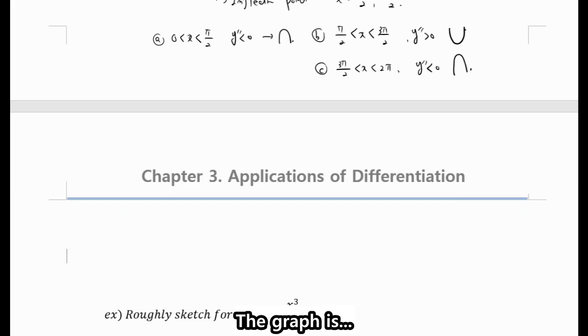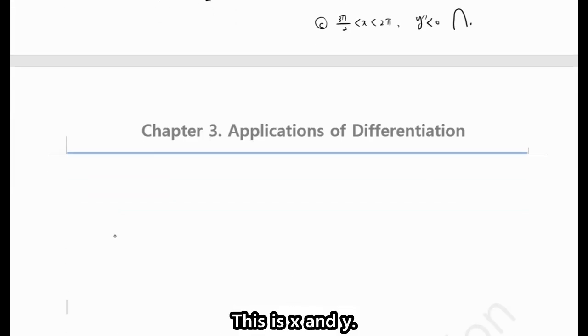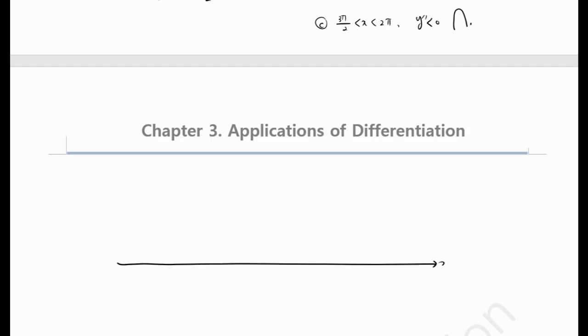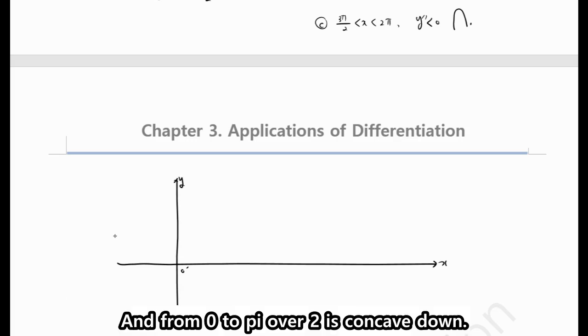So we can draw the graph. This is the x and y axes, and the origin 0. From 0 to pi over 2 is concave down.